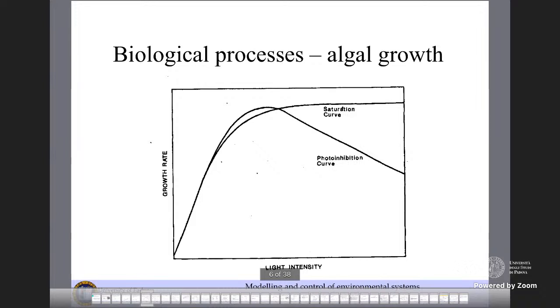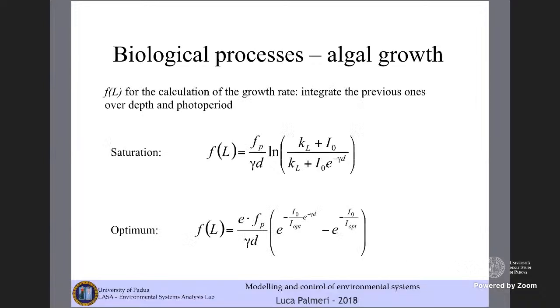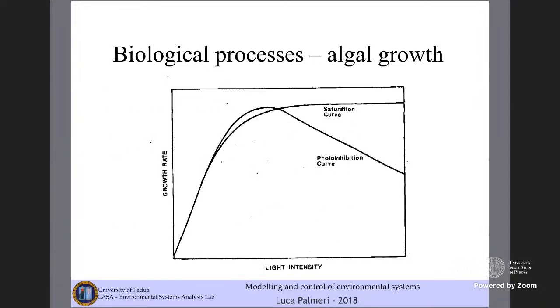We have seen that there are plants that are light stimulated in a continuous growing way, while there are plants that after a certain value of irradiation stop growing.